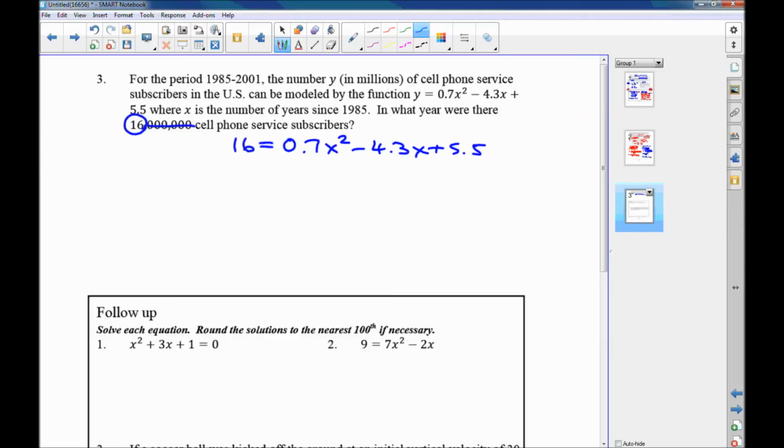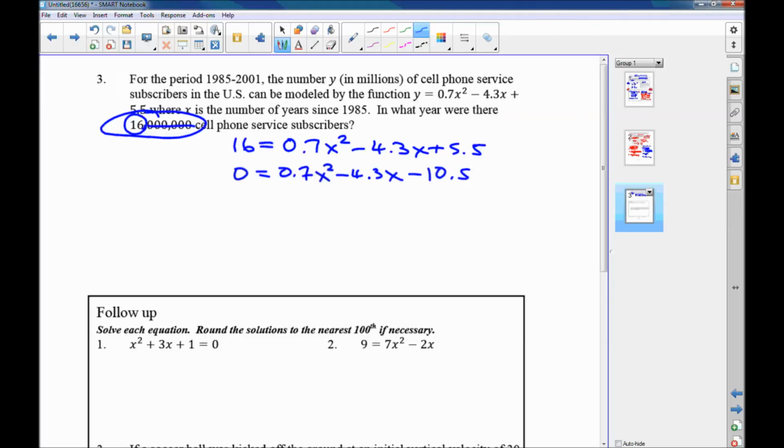Now we can solve this equation to find out the time since 1985 that would give us 16 million cell phone users. So 0 equals 0.7x squared minus 4.3x, and then I'm subtracting 16 to both sides to move it over into standard form. So 5.5 minus 16 is negative 10.5, so minus 10.5.